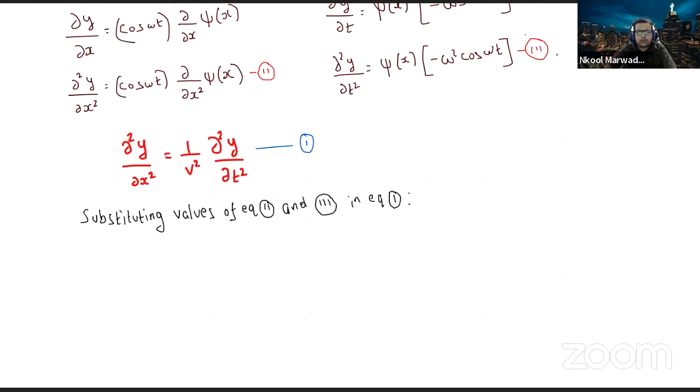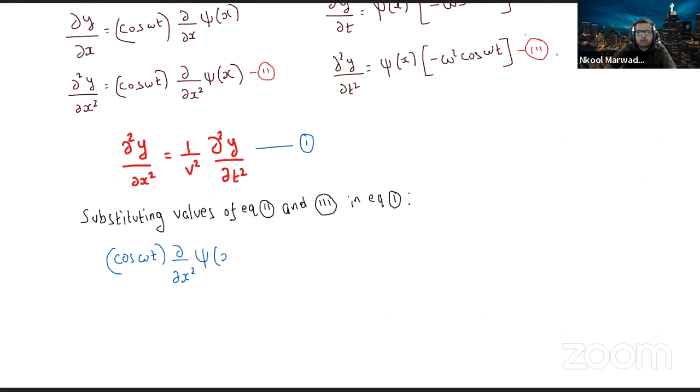Now we will get something very interesting, that instead of this double derivative of y with respect to x square, I can write cos omega t into the double derivative of psi x.